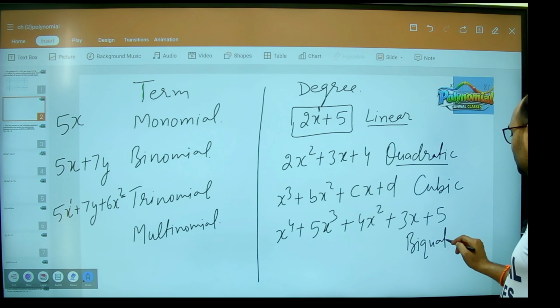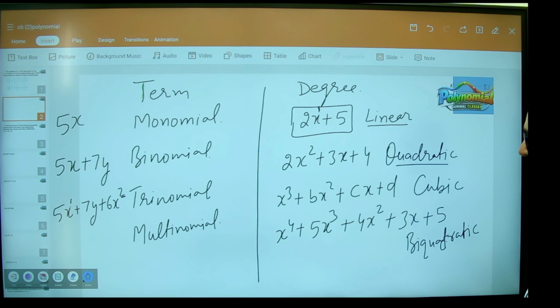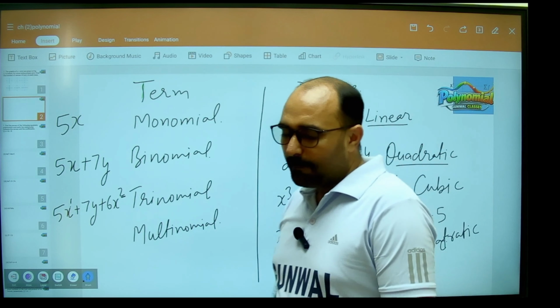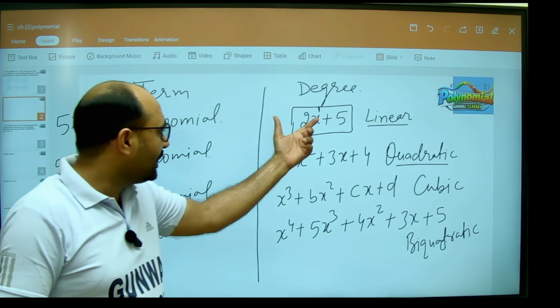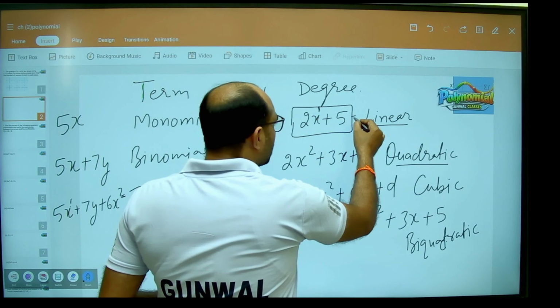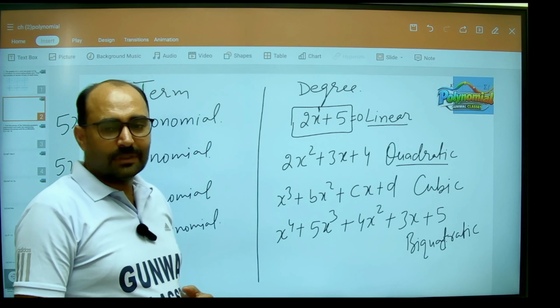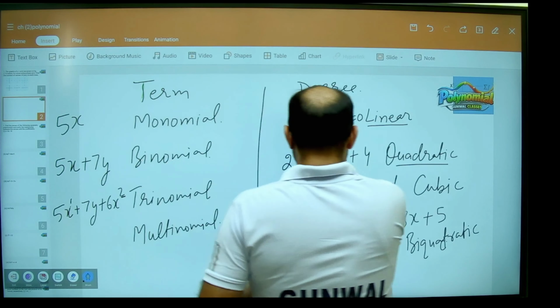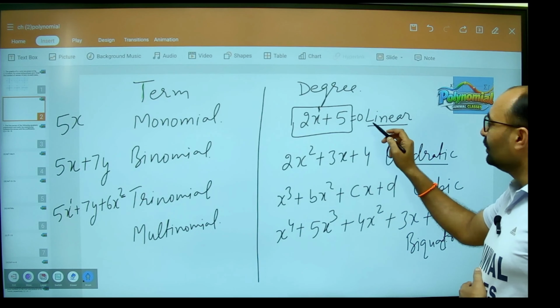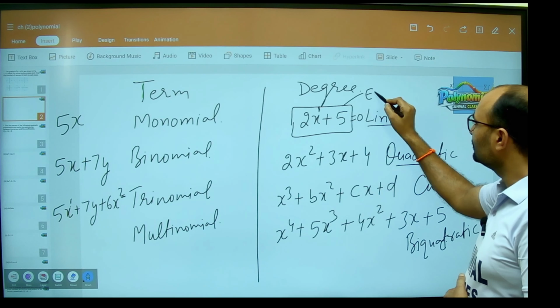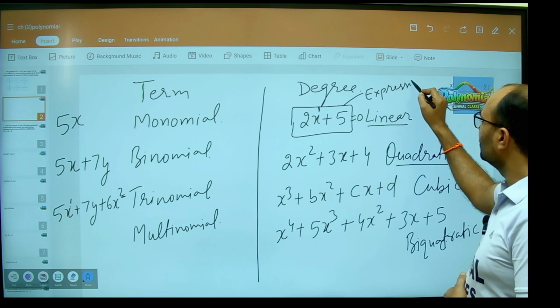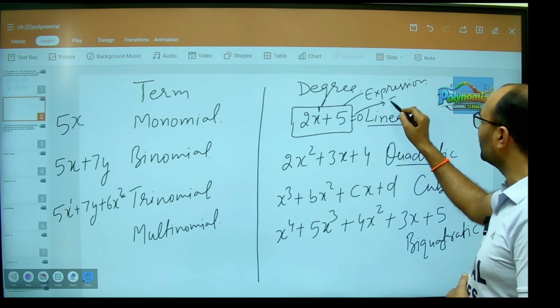The highest exponent is 4. Now, what is the difference between an expression and an equation? When you equate this expression with an equal to sign and put something, let's say I am putting equal to 0, now this becomes an equation. When an expression is compared with something using equal to, it becomes an equation. Initially it was an expression, and after putting equal to, it becomes an equation.